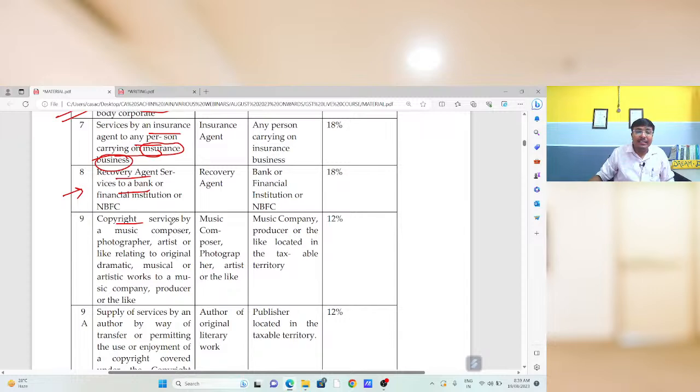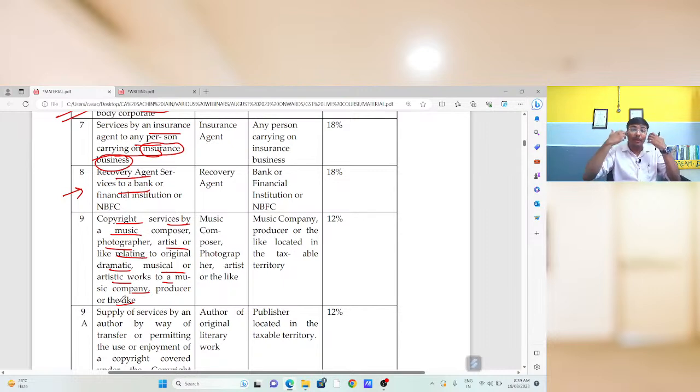Next, copyright services provided by a music composer, photographer, artist, relating to original, dramatic, musical and artistic works to a music company or producer. If any music composer, photographer or artist is going to provide services to the music company, to the producer, there are many actors, they are going to prepare films for music companies, directors and producers.